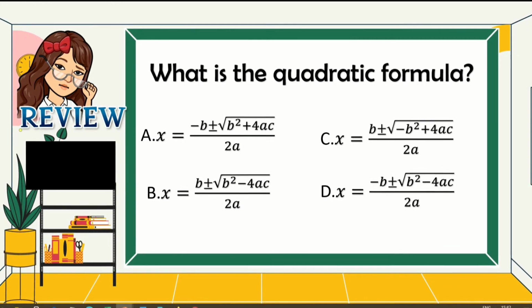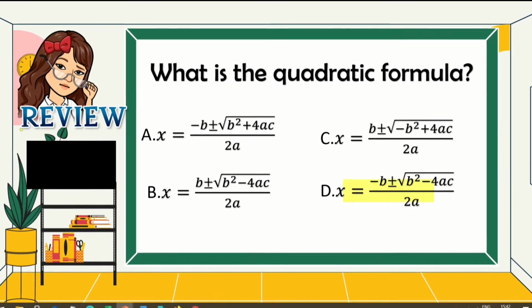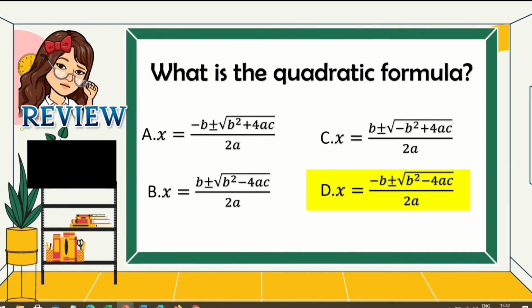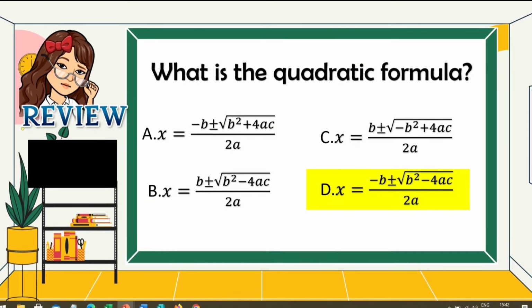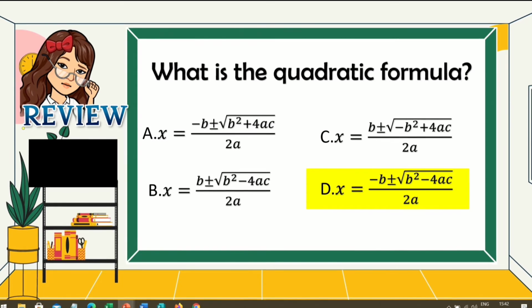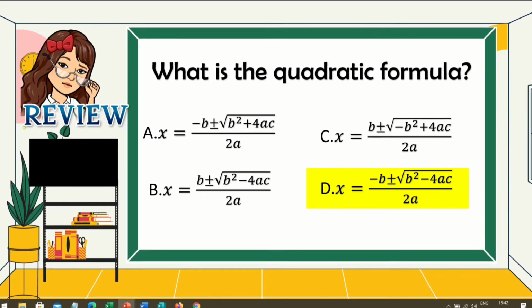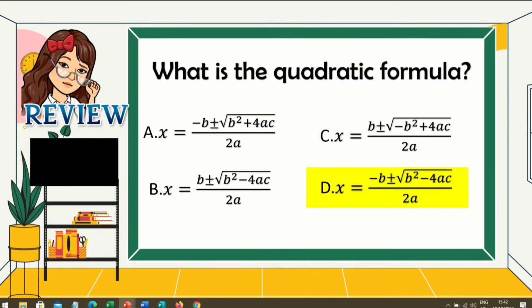Time's up. The quadratic formula is letter D. x is equal to negative b plus or minus the square root of b squared minus 4ac all over 2a.